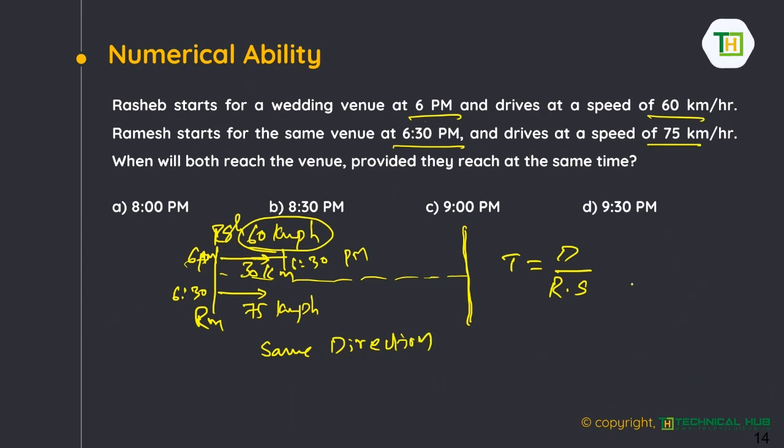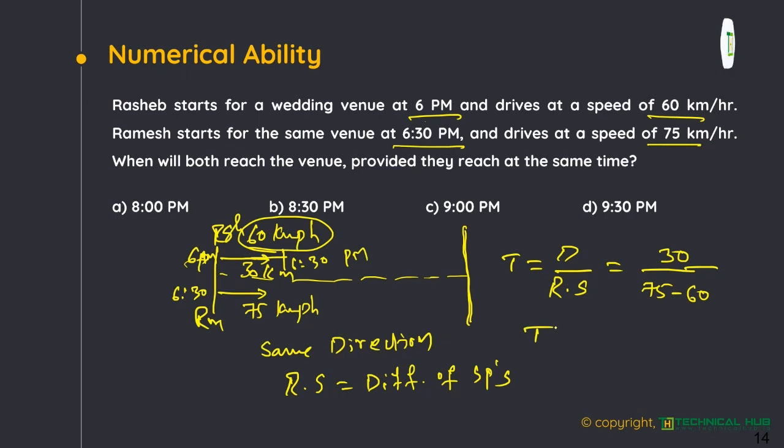If both are in the same direction, then relative speed is the difference of speeds, 75 minus 60. The numerator is the distance between them at 6:30, 30 kilometers. Therefore, time is 30 by 15, which is equal to 2 hours.